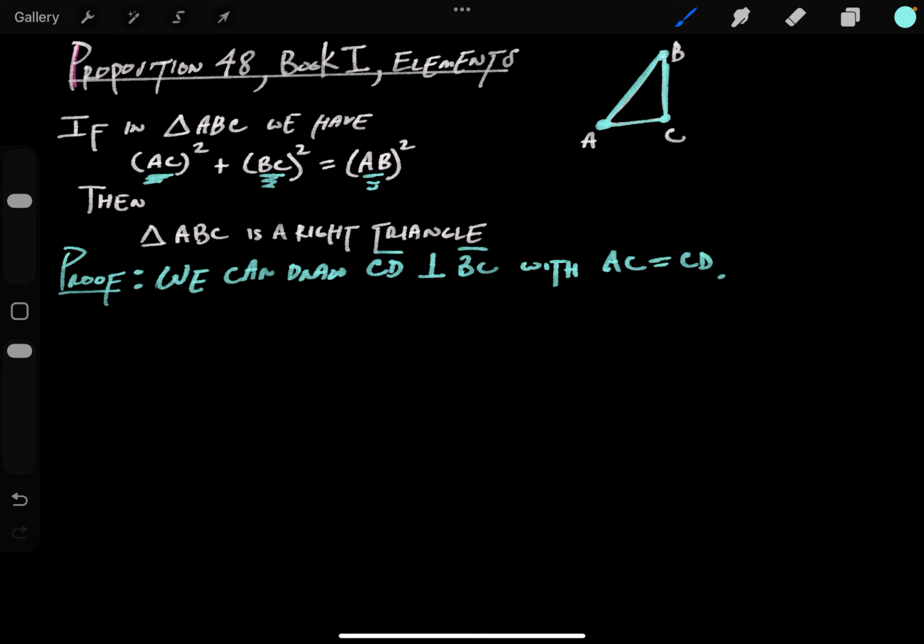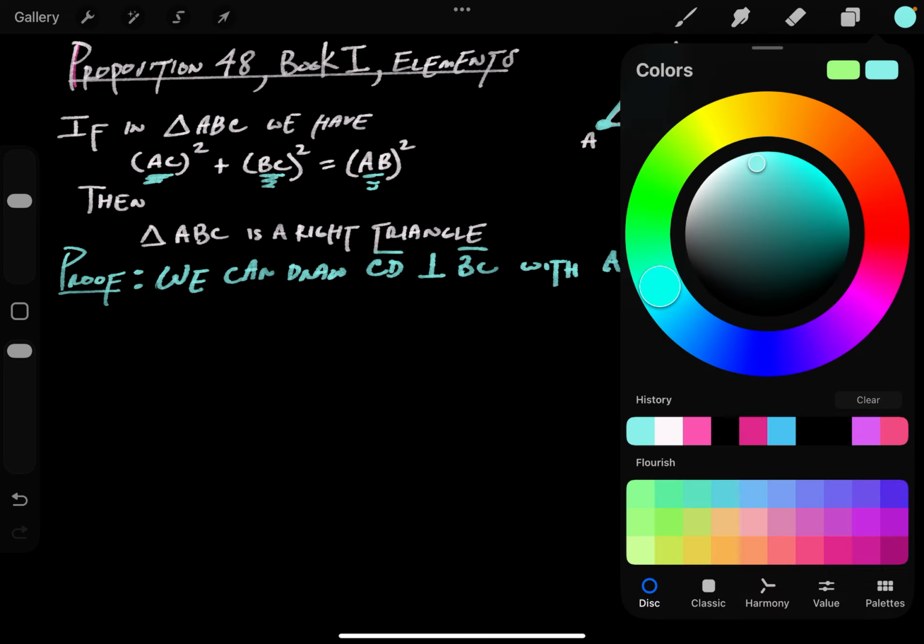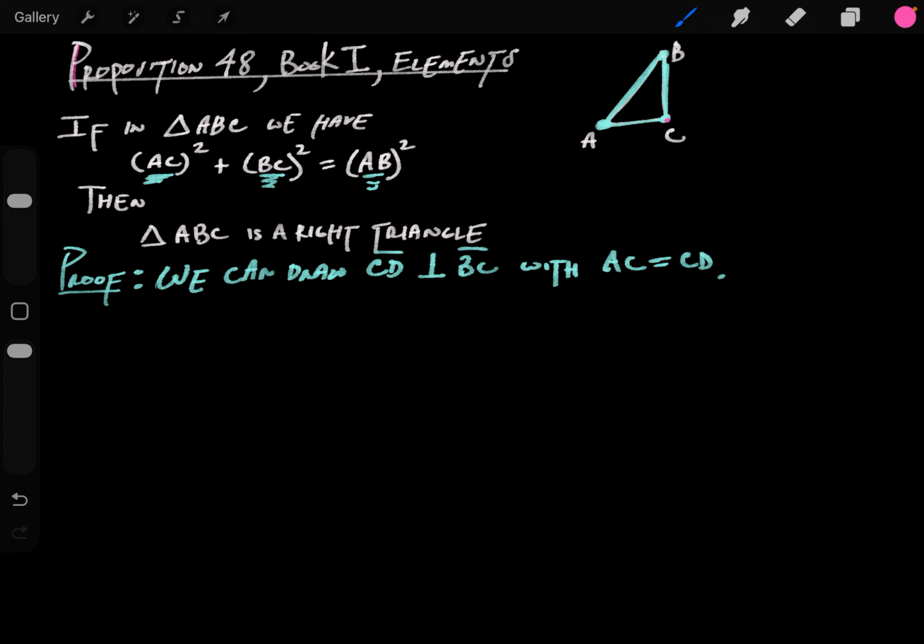So what does this mean? We can take this point and draw a line that's perpendicular to BC, and call this point D, where this length is exactly the same as this length, and we can always do that.